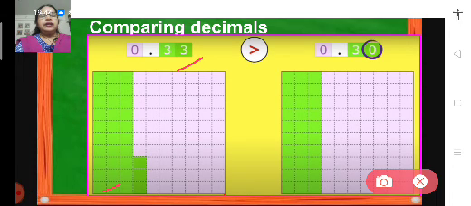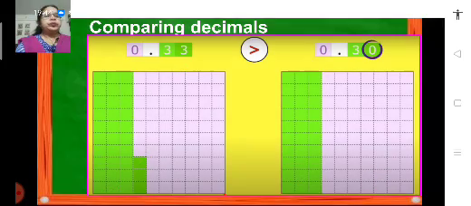In the picture we can see that 33 squares out of 100 squares are colored green, and here 0.30 means 30 squares out of 100 equal squares are colored green. So which one is greater? Obviously we can see that 0.33 is greater than 0.30.